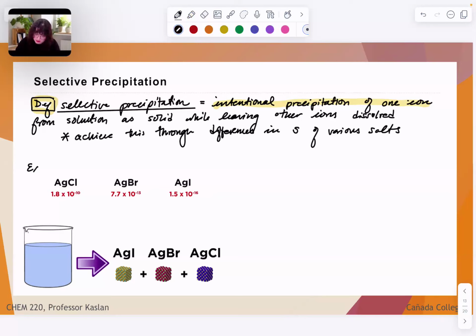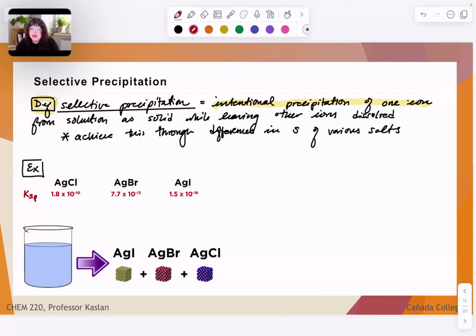So for example, let's look at the following silver halide compounds. So we've got silver chloride, silver bromide, and silver iodide. I have given us here in red our KSP values for each of these salts.